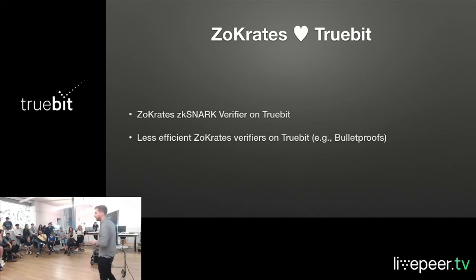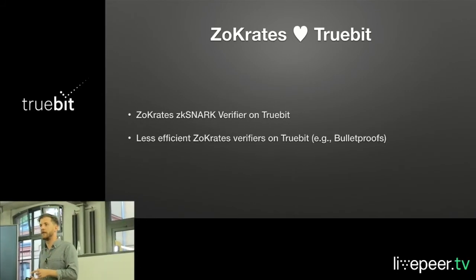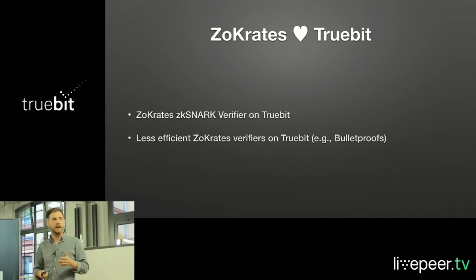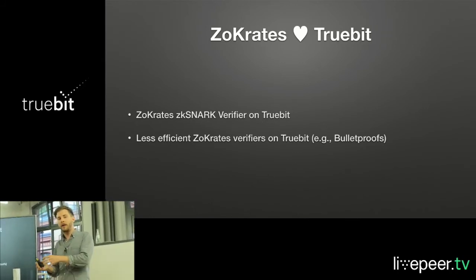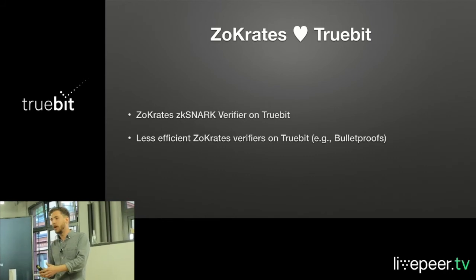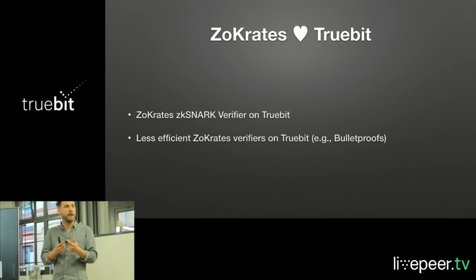So here, because we're at a Truebit event, I want to briefly talk about how ZoKrates and Truebit relate. I think they're in quite a cool relation, because what you could do is use Truebit to verify the ZoKrates zkSNARK verifier off-chain. That would take even more off the blockchain, and only in rare cases where there is a dispute would you need to move on chain, and then you would only need to check one step in that verification contract.